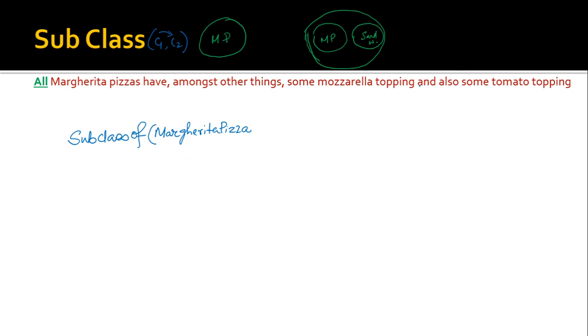So you have both here, and that's why we need to model this as an intersection. So ObjectIntersectionOf two things, right? The first thing is some mozzarella topping, and we will be using the hasTopping property again.